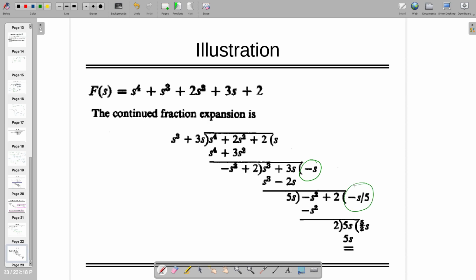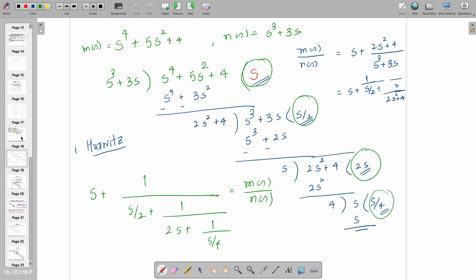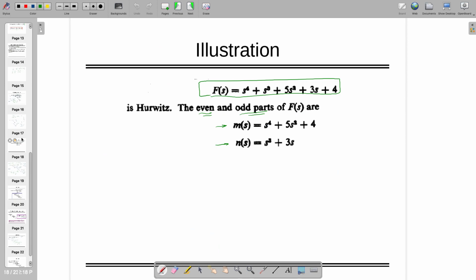Right? So yeah. What if this function's highest degree is odd? Which one? F of S, you mean to say? This might be useful in future. Right now, it's just a mathematical function. Sir, if the highest degree is odd. Highest degree is odd. Okay.